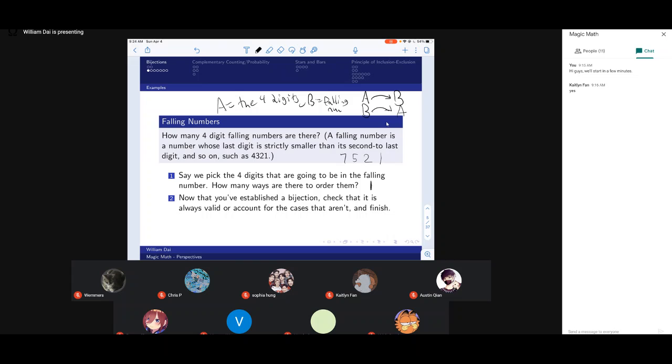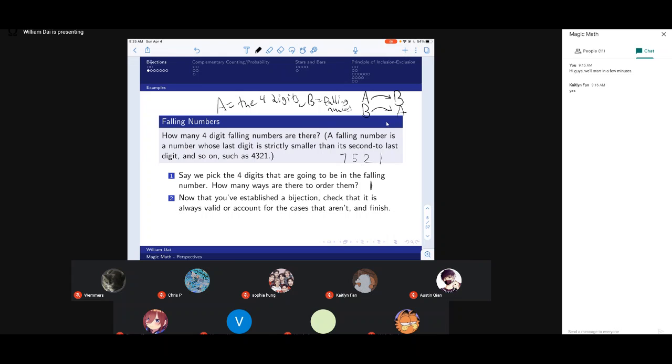So we've shown that each group of 4 digits uniquely determines a following number, and for each following number, we can obviously assign it to a group of 4 digits, just the 4 digits that it's comprised of. So we have a bijection here.